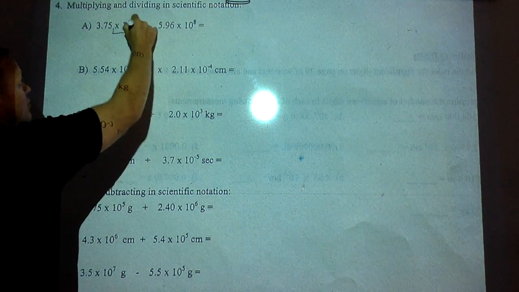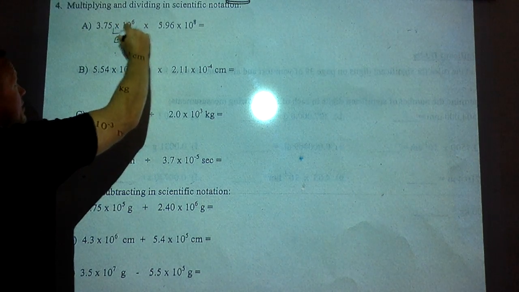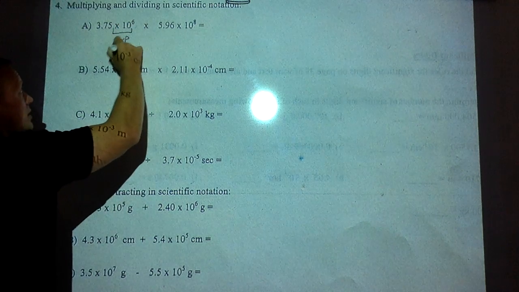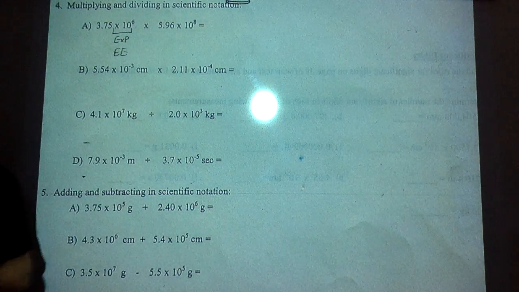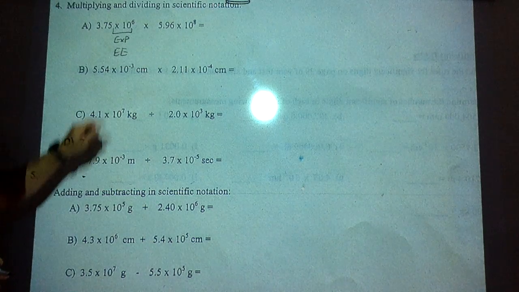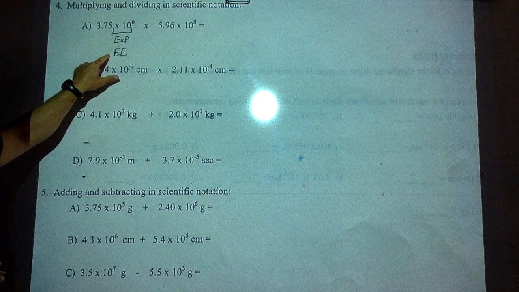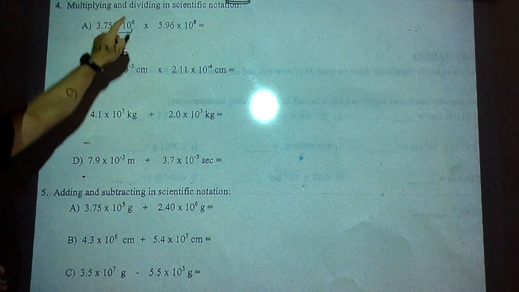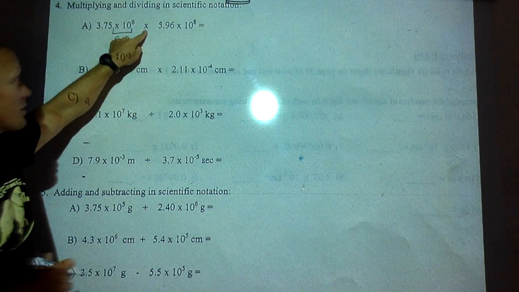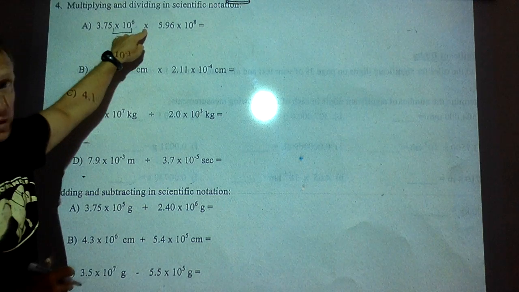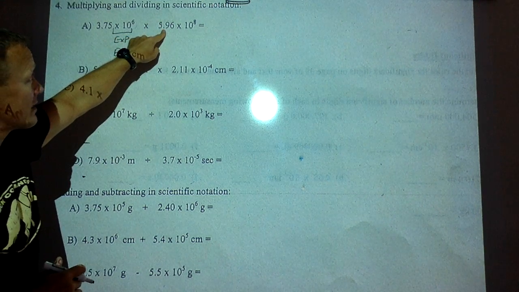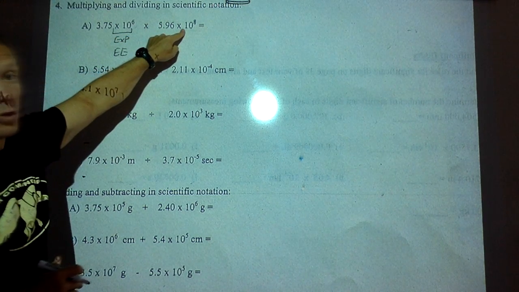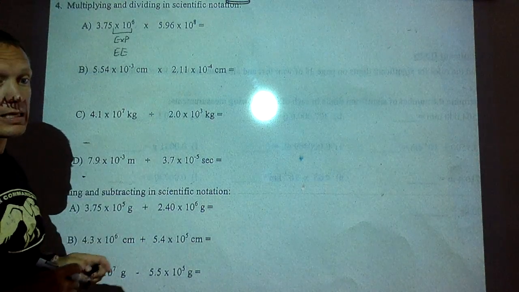Instead of times 10, you either hit the EXP button or you hit the double E button, depending on the calculator you have. These buttons mean times 10. So I type in 3.75, hit one of these two buttons, type in the number 6. Push my times sign. That's the only time you'll push the times sign here. Type in 5.96, EXP or EE, and hit 8.